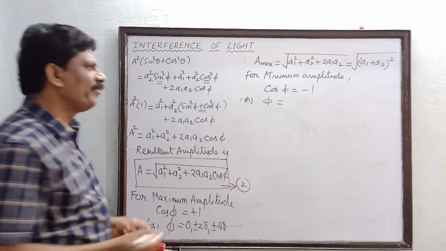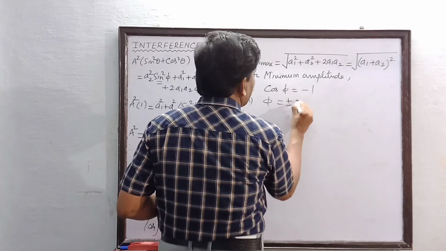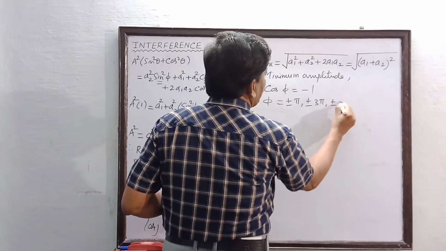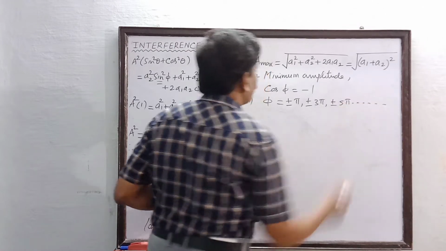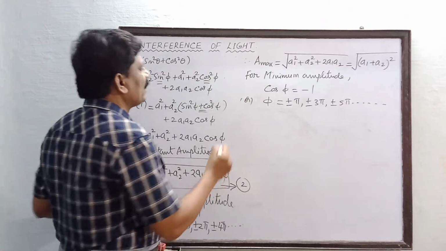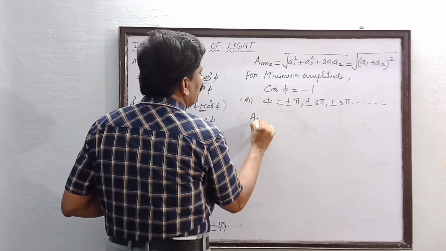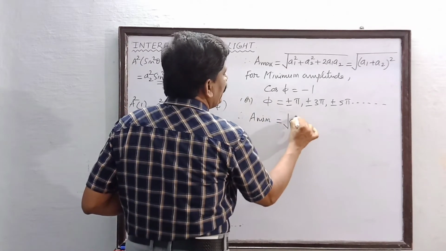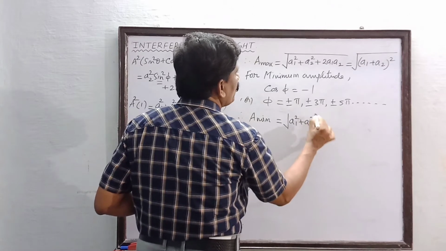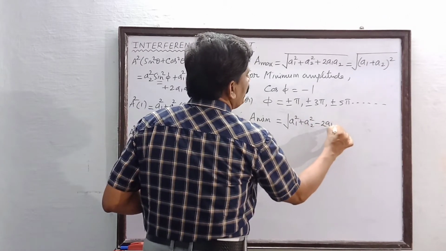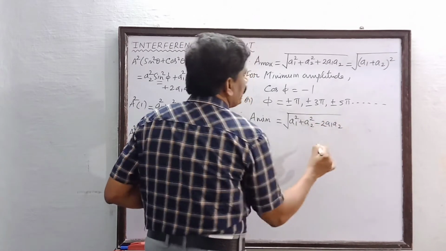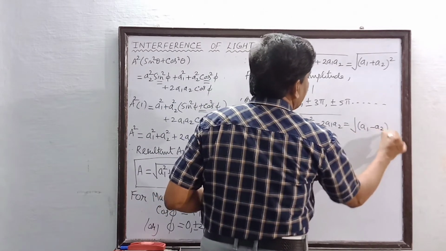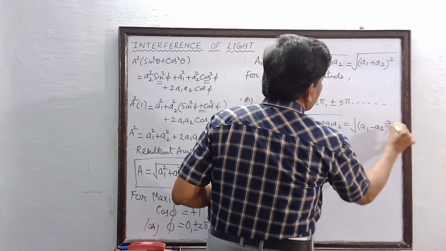Odd multiples of pi means plus or minus pi, plus or minus 3 pi, plus or minus 5 pi, etc. So in this case we can write, therefore A minimum is equal to square root of A1 square plus A2 square minus 2A1 A2. So this is equal to square root of (A1 minus A2) the whole square.